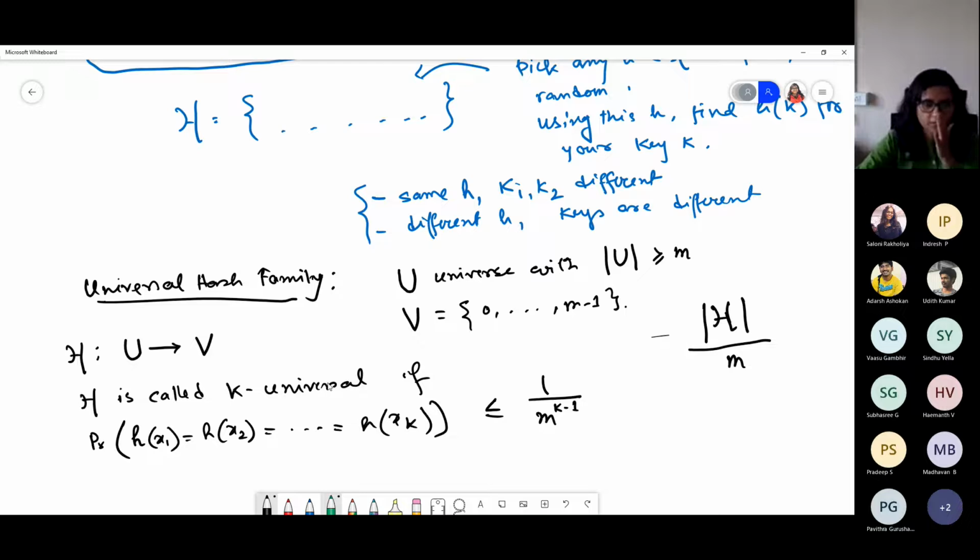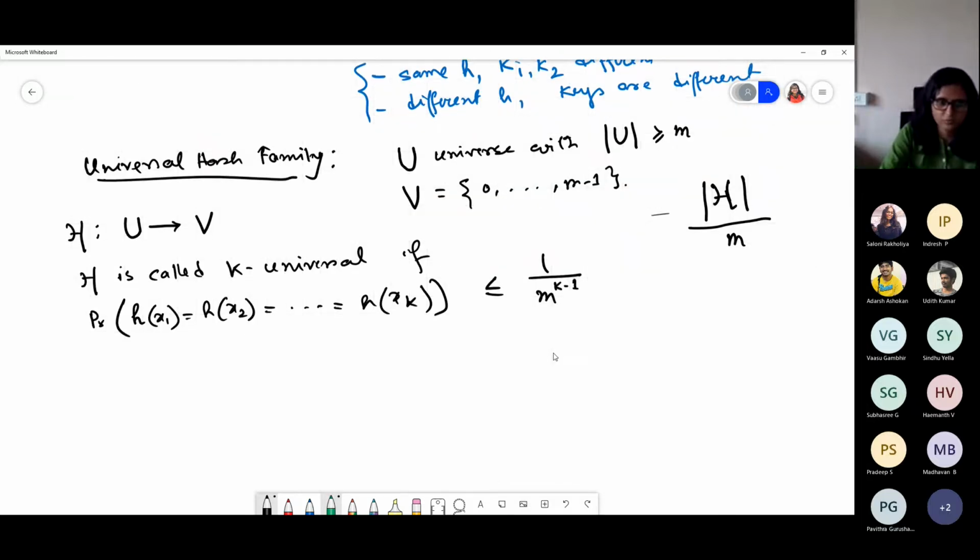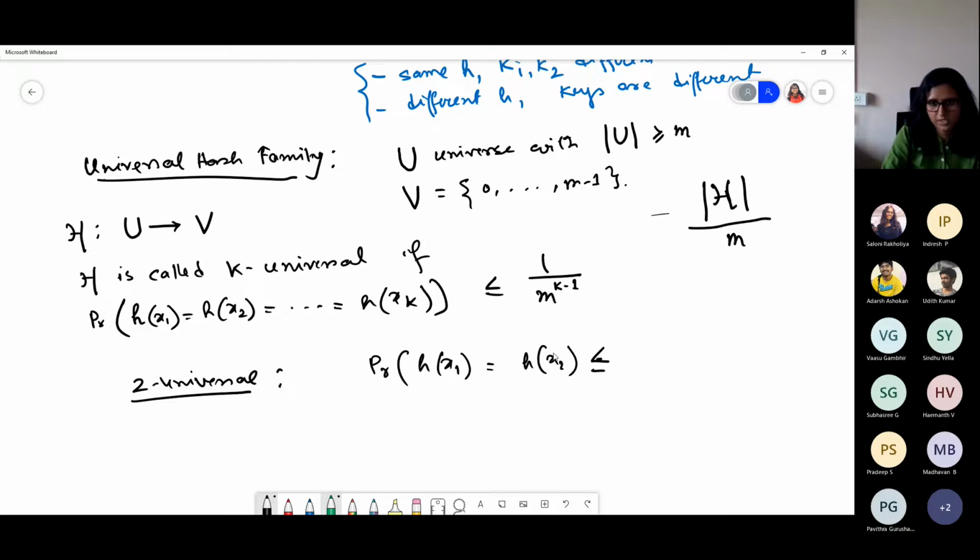Okay, so when you have a k universal hash family, if instead of k it is 2, then what will happen? If it is 2 universal, then the probability of h of x1 equals h of x2 will be less than or equal to 1 by n.